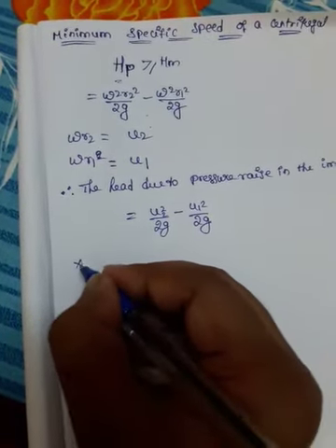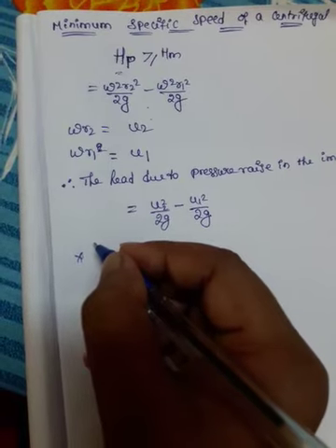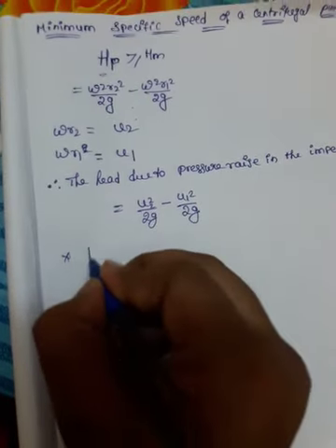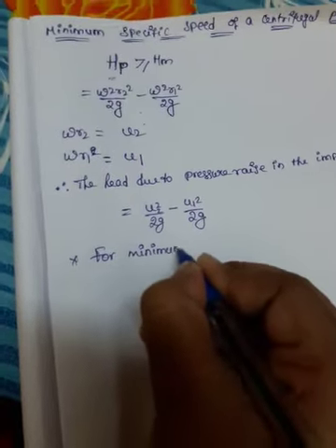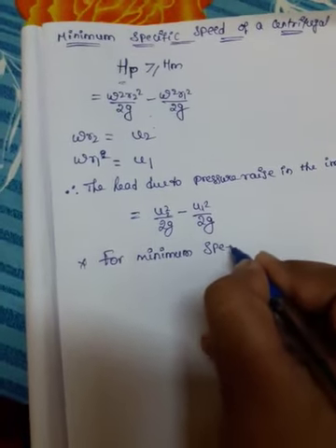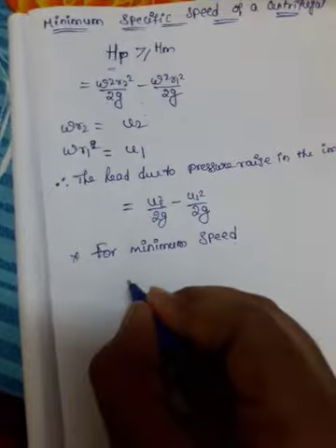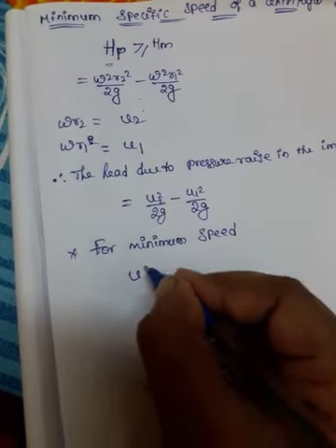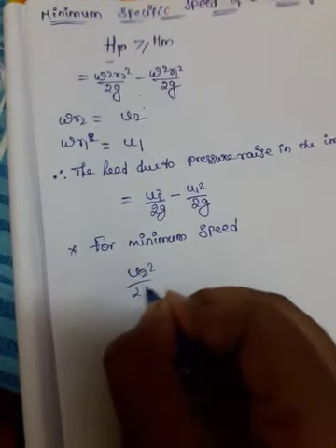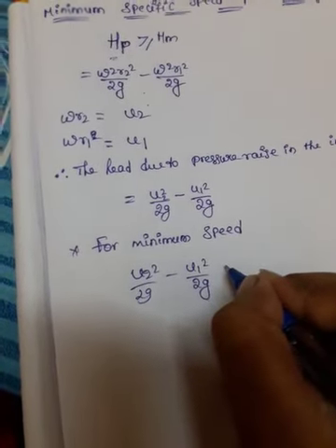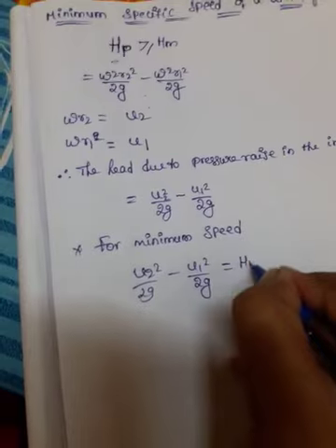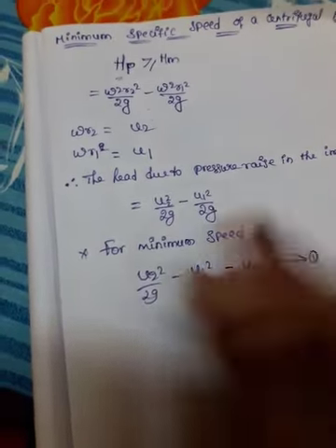For minimum speed we must have u2 square by 2g minus u1 square by 2g equal to HM. This is equation number 1.